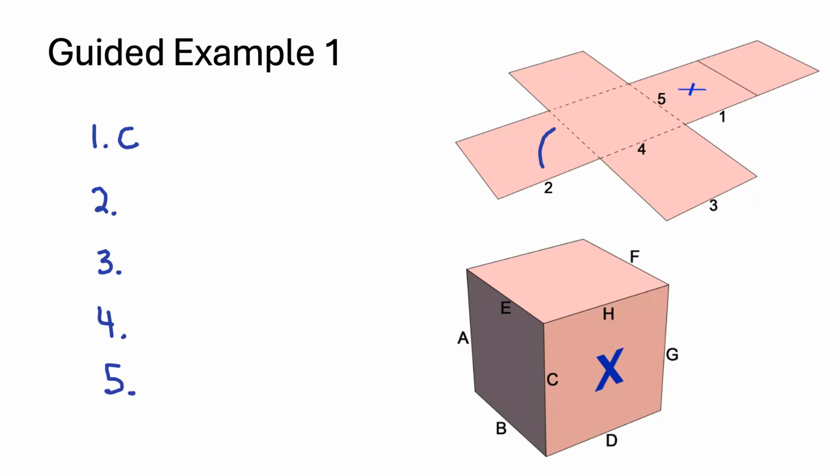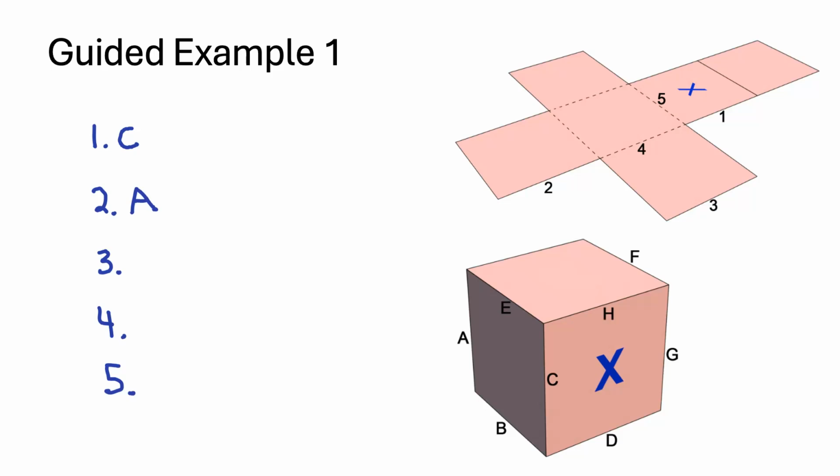Well, when this folds up, that means that 2 will be on the opposite side as the X, and from this perspective, looking at the X from the front, as we see in this 3D image here, that means that number 2 will be on the left side of the X, just as number 1. Again, you can see number 1 is on the left, and therefore number 2 will also be on the left, but on the opposite side. So that corresponds to letter A, and therefore 2 will be A.